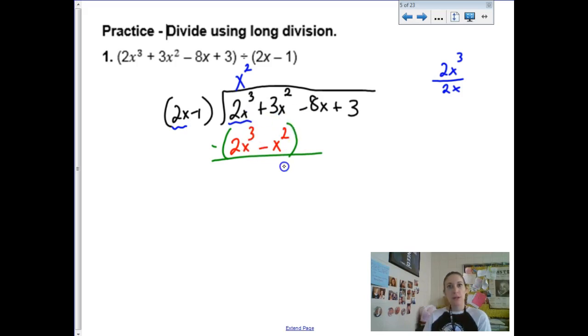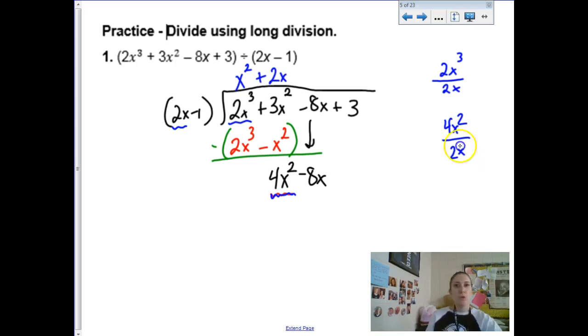And we get 3x squared minus 1x squared, so that's 3 plus 1, so that's 4x squared. And then remember, we need to bring down the next term to continue our division. So I have a new lead term, 4x squared, still being divided by the 2x, and that leaves me with plus positive 2x.